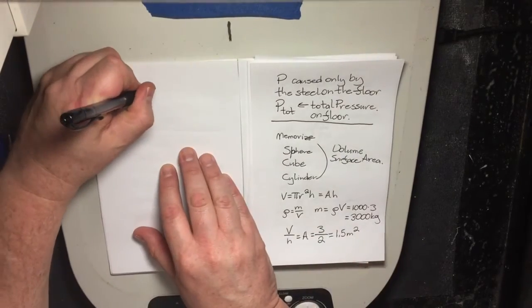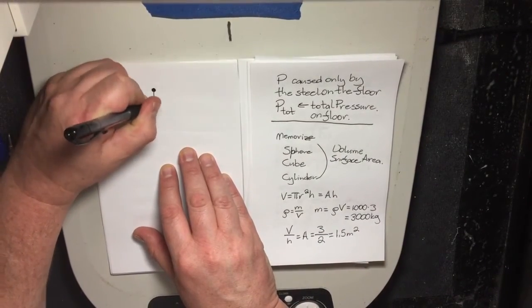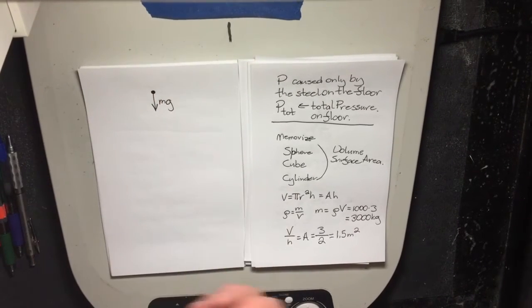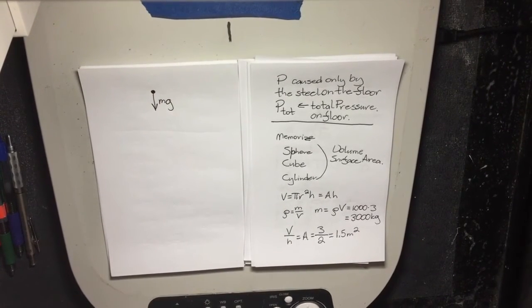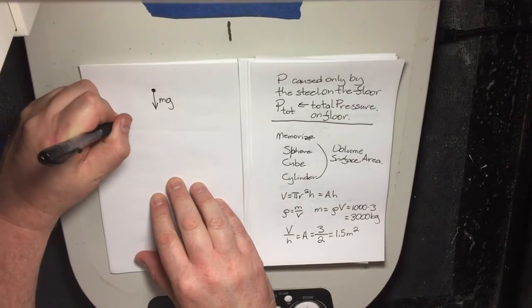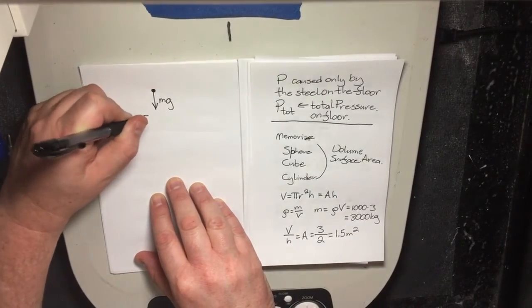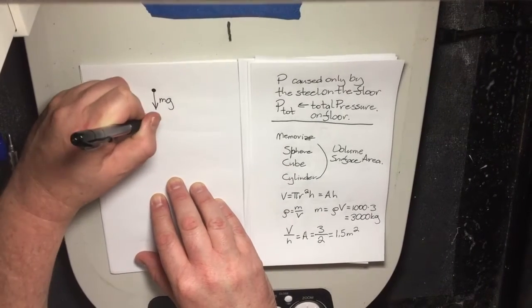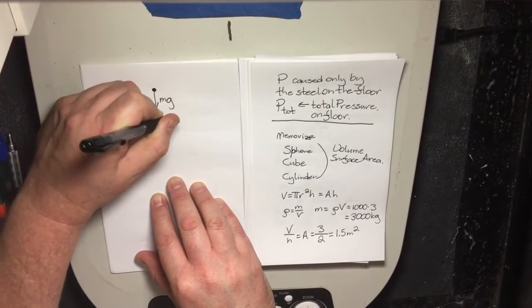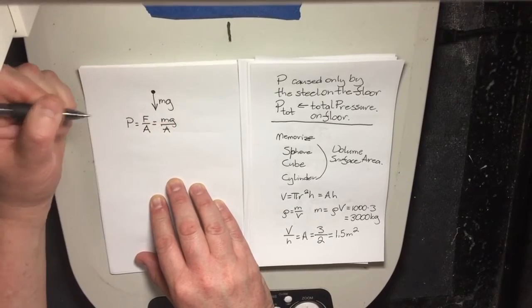Now this object is pulled down by gravity with a force of mg, just the usual force of gravity we've had before. Pressure is force divided by area. The force is mg, and we have the area.